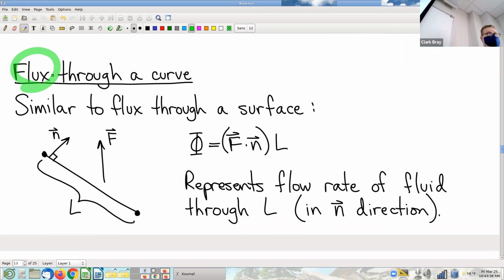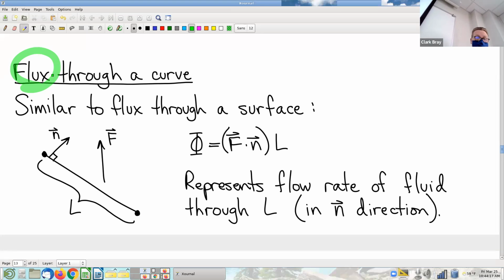Remember, the idea of flux is if you've got a piece of surface, like an area, and there's a fluid flowing through it, and you want to measure how much fluid is flowing through this surface, like maybe the surface is a screen door, and there's wind blowing through it. And you want to keep track of how many cubic feet of air per minute are going through my screen door, something like that. And so flux, which we developed back in chapter 3, I want to say, is a way of quantifying how much fluid is flowing through a surface.